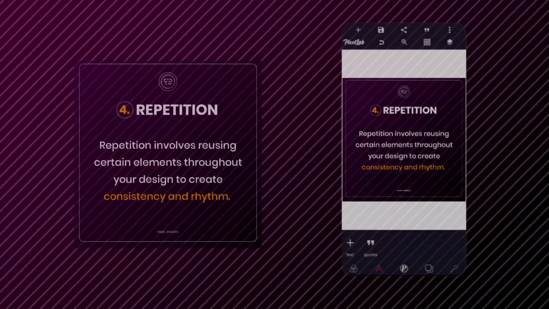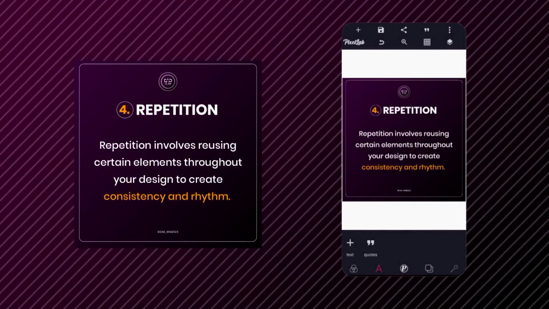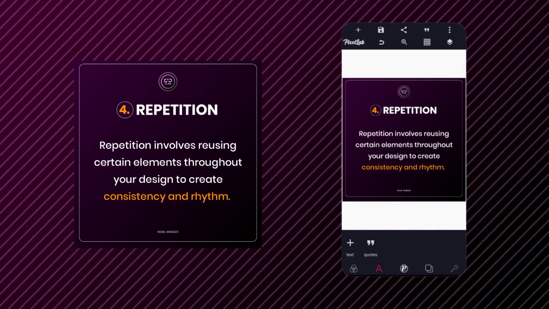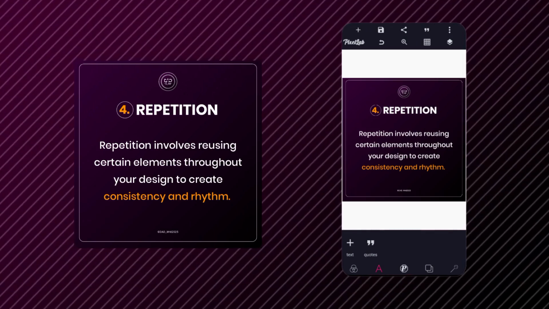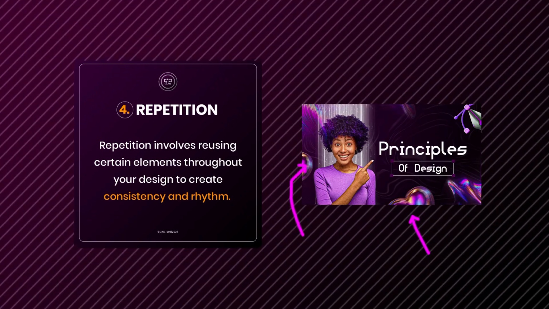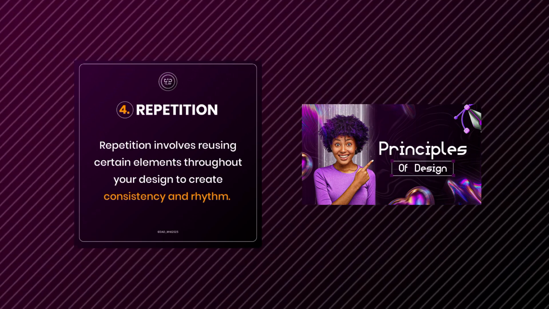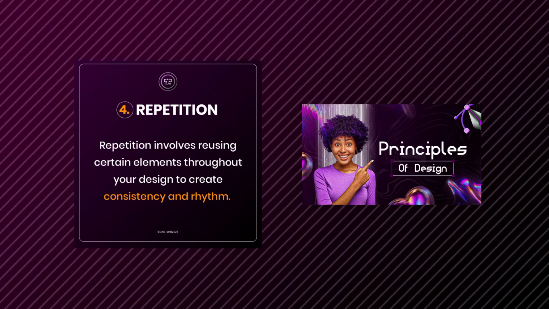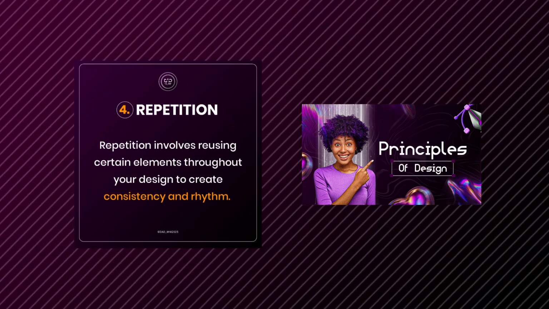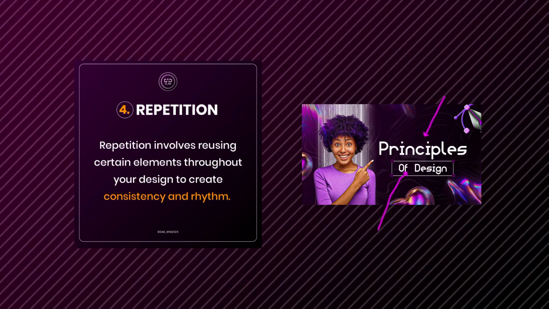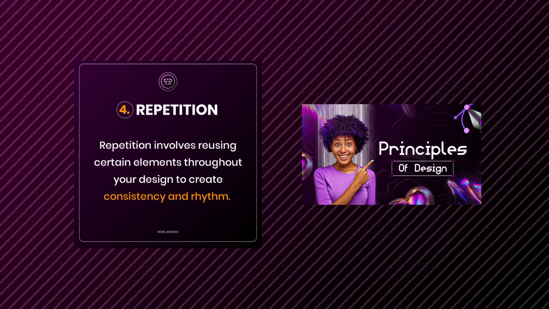Next principle, repetition. Repetition involves using certain elements throughout your design to create consistency and rhythm. It's just how it sounds: repeating your elements on your designs. Not too much, not too little, just repeating your elements. An example is repeating the same font for all headings.